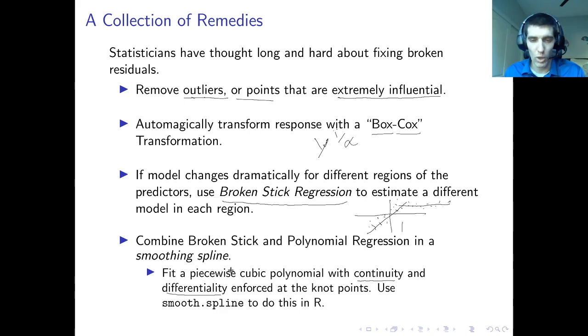But a smoothing spline is a piecewise cubic polynomial function. It combines the idea of broken stick with piecewise estimation and the idea of polynomial regression, because on each of the pieces you're estimating a cubic polynomial. The smooth.spline function, we'll do this in R. You can pull up the help menu for some more details. I'll also demonstrate some R code before the end of the lecture.